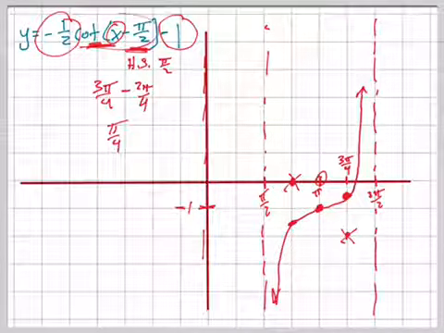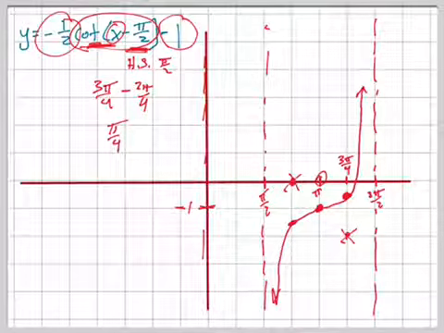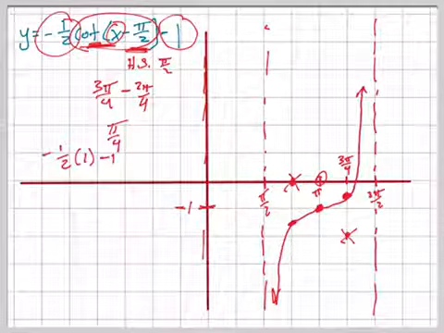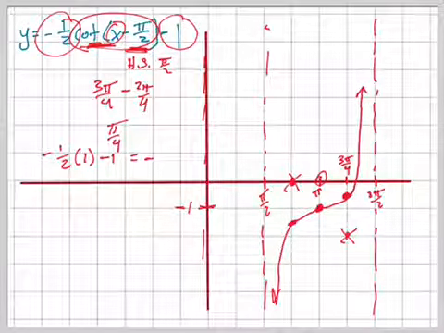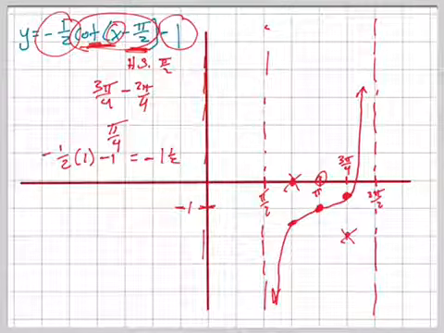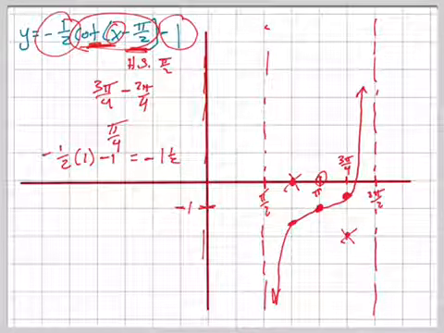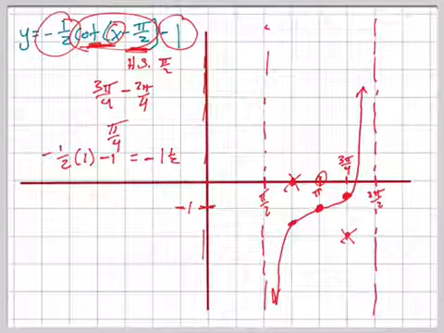And what's the cotangent of pi over 4? 1, right? And what's negative 1/2 times 1 minus 1 equal to? It's equal to negative 1.5. And that's not what I have. I have negative 1/2.